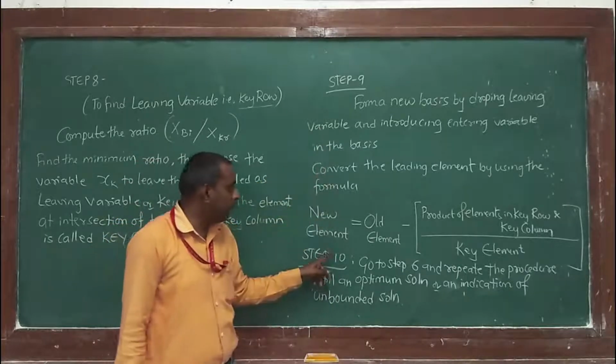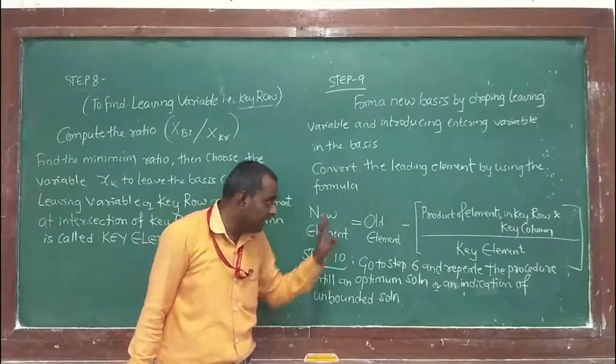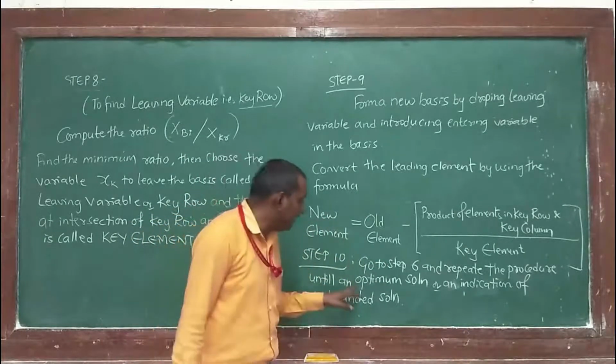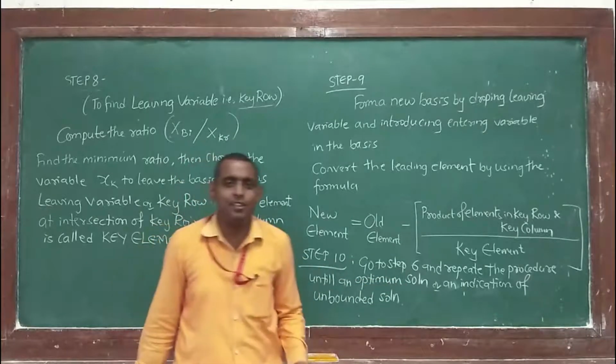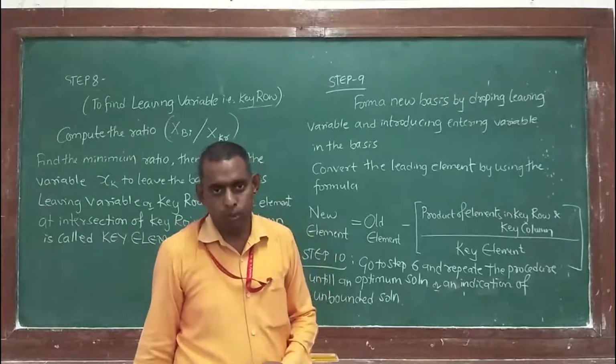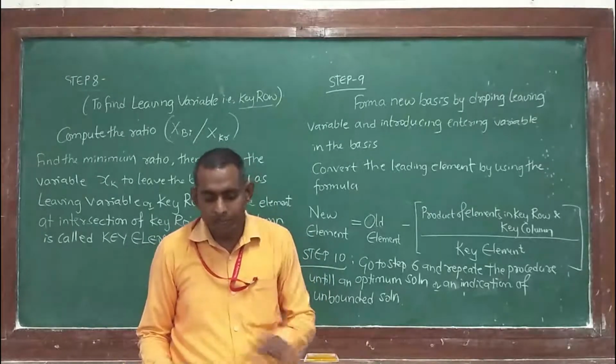So after step number 9, getting the new element, again go to step number 6 and repeat the procedure until we get an optimum solution or there is an indication of unbounded solution. So there are totally 10 steps. Let me repeat, there are totally 10 steps.